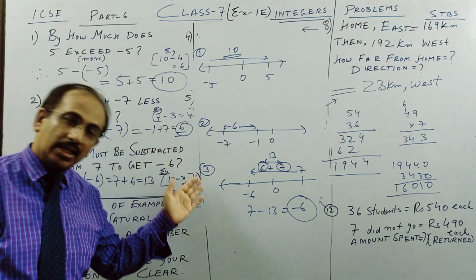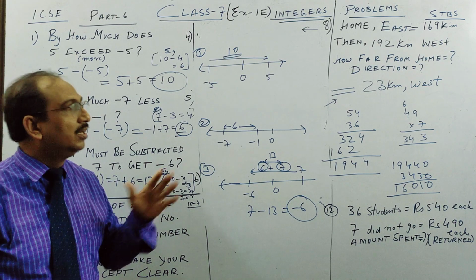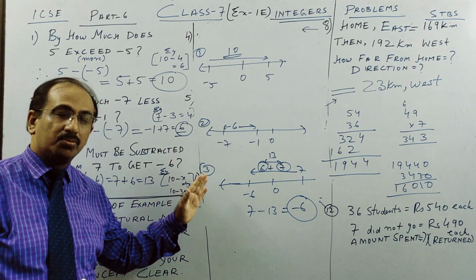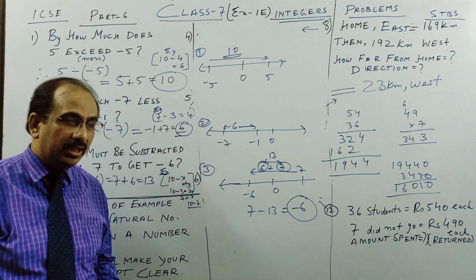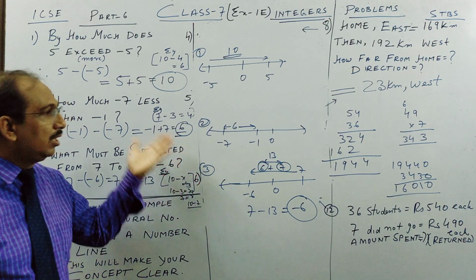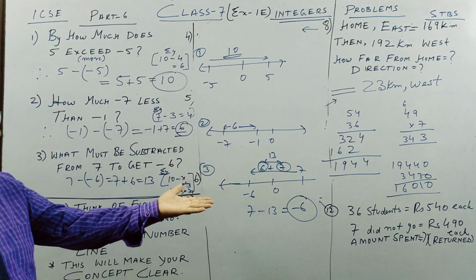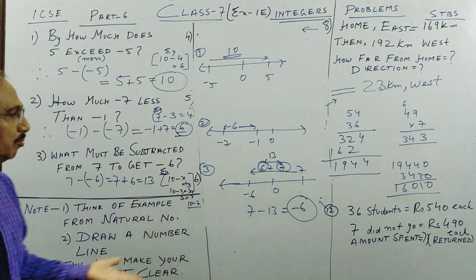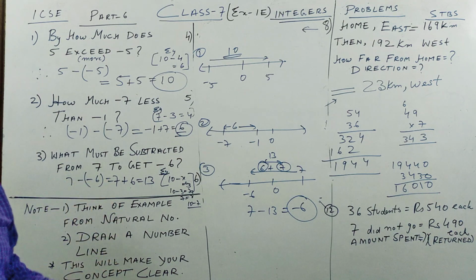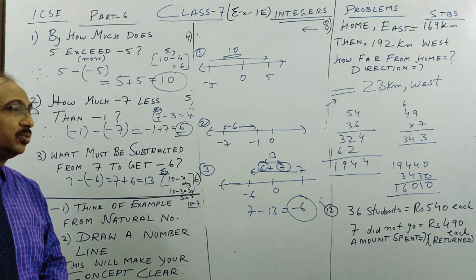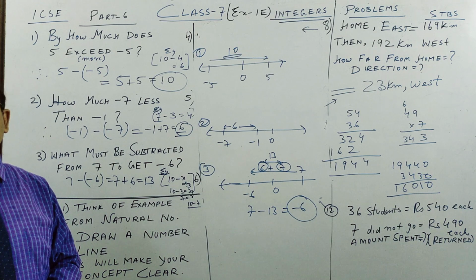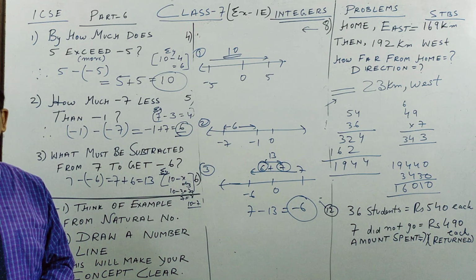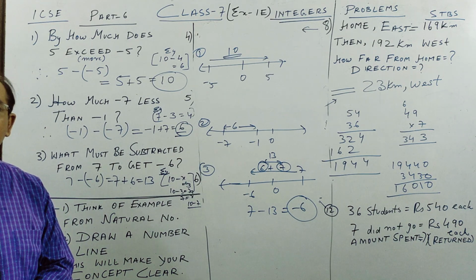As a class 7 student, I understand these are little difficult concepts, but anyhow you have to do it. Give time, sit down. I did 9 questions out of 12. Please copy them, practice them, and 3 I have left for you. You try, and I hope you will be successful. Thank you for watching this video.